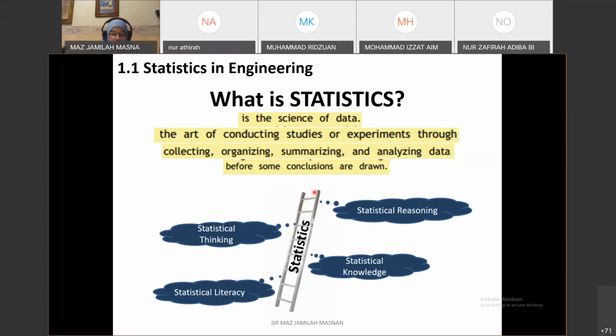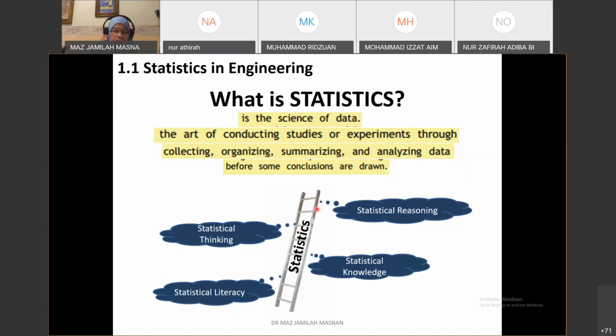In order to do that, in statistics there are four important concepts that you need to understand and inculcate within yourself, so that you can reach the point where you can make your conclusion based on your analysis of your data.